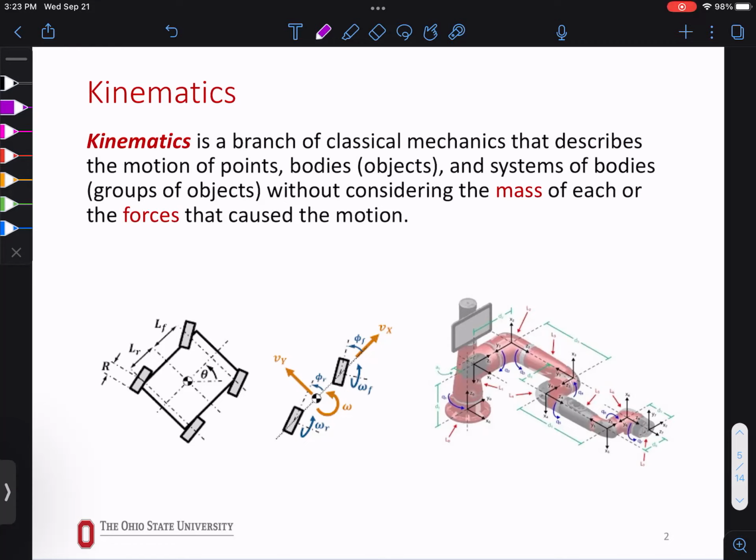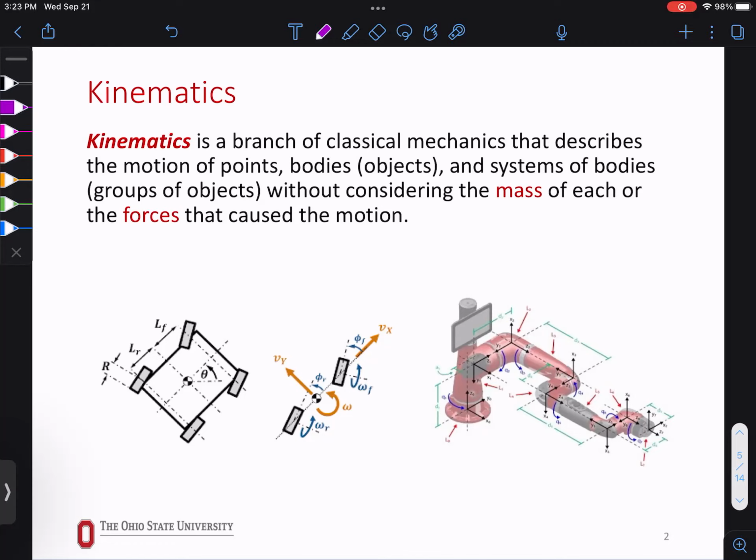There is one here, and there is one here.